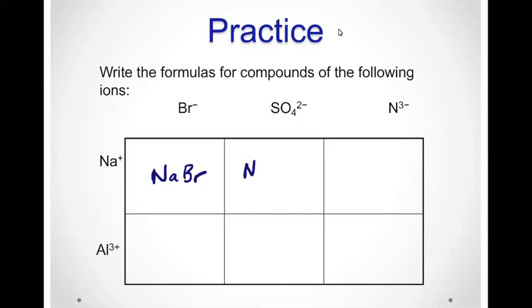We're going to need 2 sodiums to balance out the sulfate. So notice when you write the ionic formula, you are not seeing any charges. It is written to be electrically neutral. Okay, so now nitride is a 3-. This is a 1+. So we will need 3 sodiums to balance out 1 nitride.